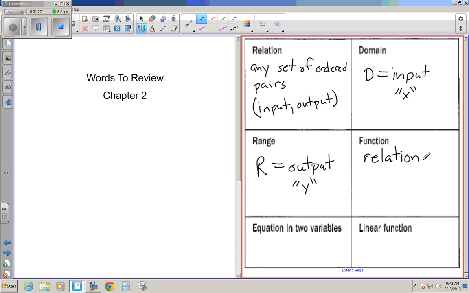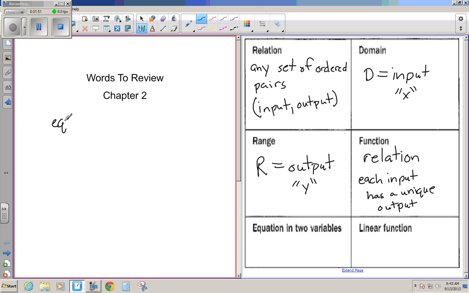And you need to understand that each input has a unique output. Now that may not make sense like this, but basically what that means is if you have a function, if you have some equation, here's your equation, okay?